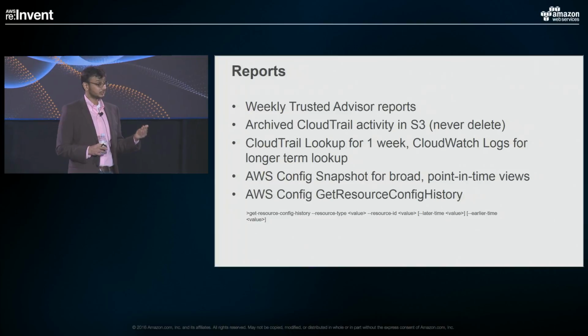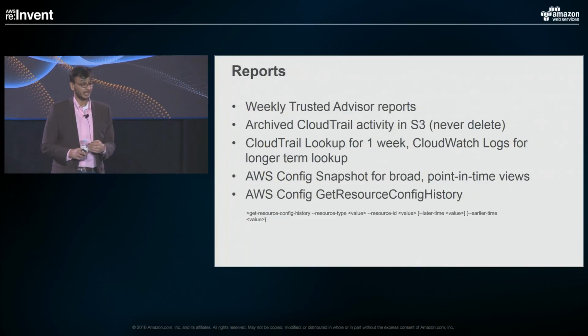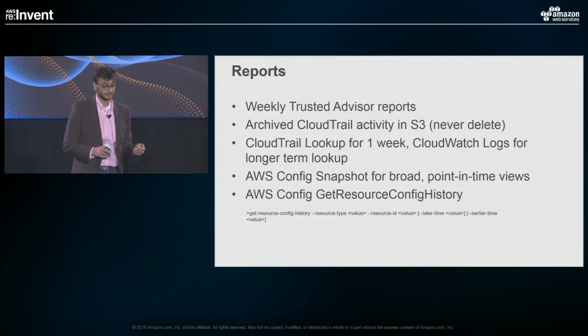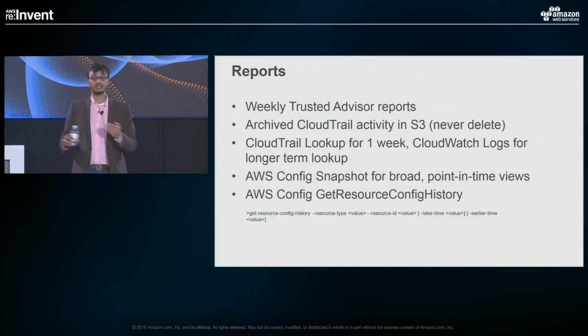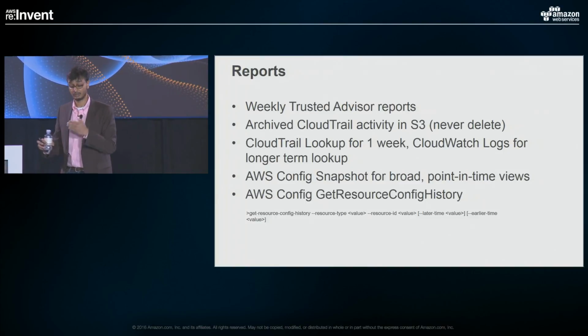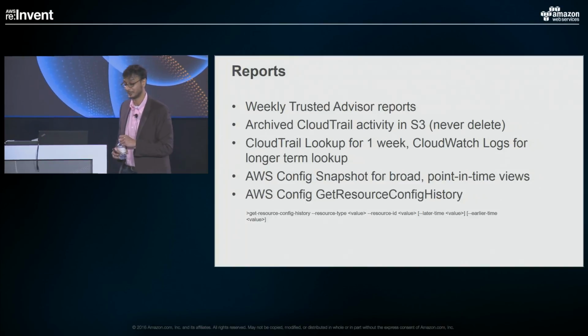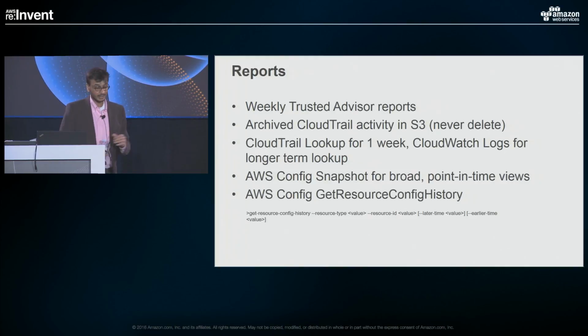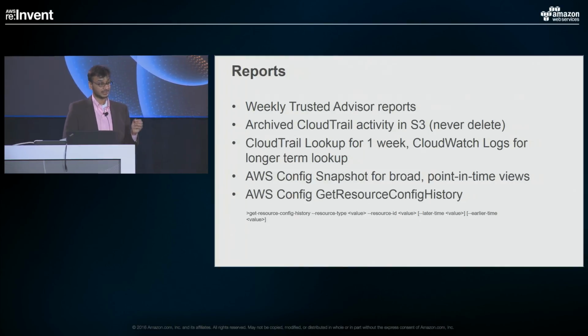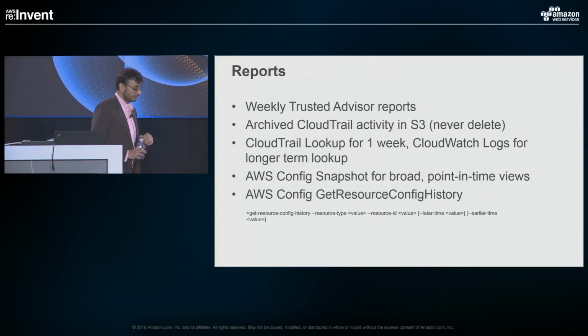CloudTrail also allows you to use the console to look up API activity for one week. And of course, you can also send your logs to CloudWatch Logs, so you can use them for longer-term lookup. AWS Config has a feature called Snapshot that captures the state of all your resources at a point in time. It gives you a breadth view of resources. And I'll mention another API.